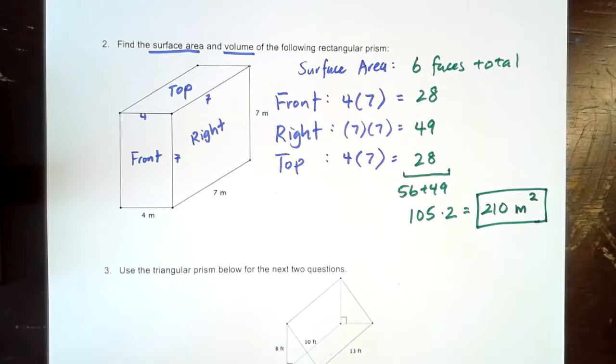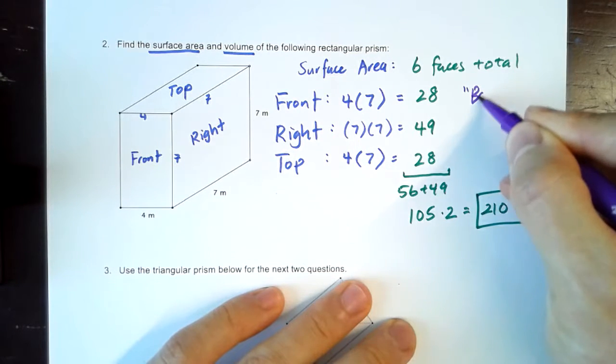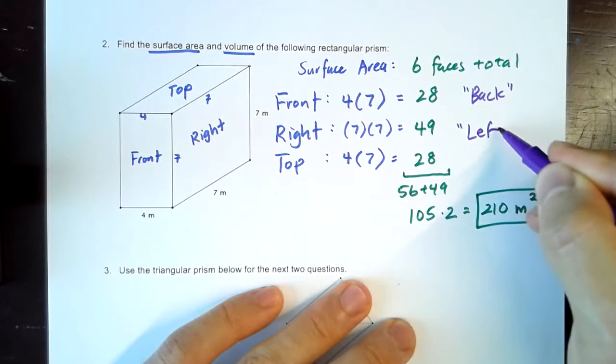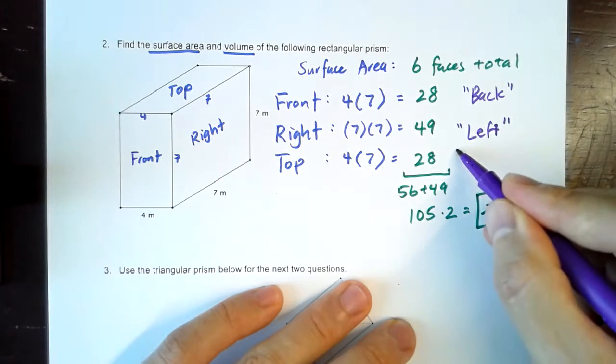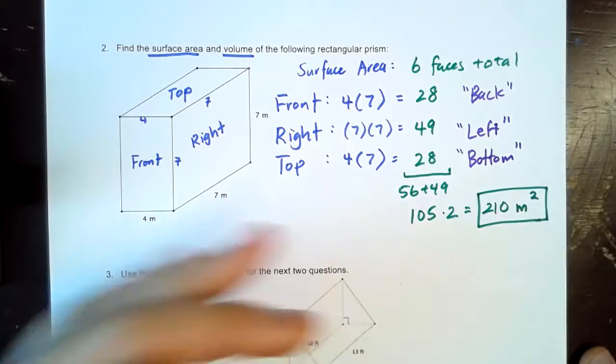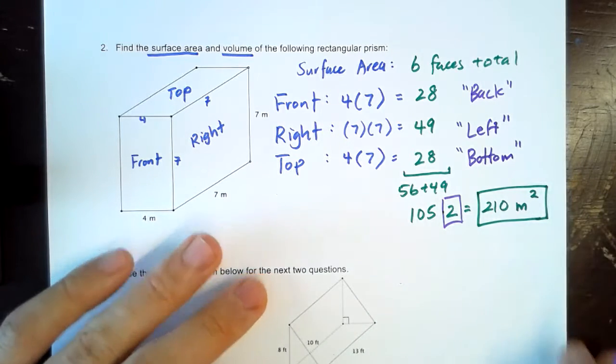You double it because if there's a front, there's also a back. If there's a right, there's also a left. And if there's a top, there's also an identical bottom. So that's why you double it. It's really important that you double it.